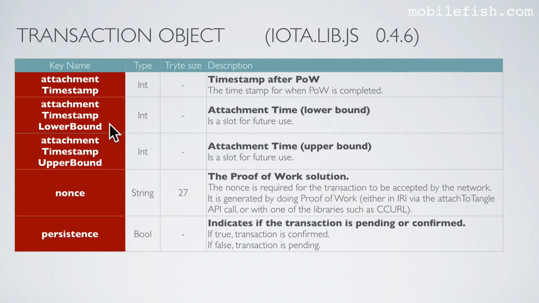The attachment timestamp lower bound field is a slot for future use. The attachment timestamp upper bound field is a slot for future use. The nonce field will hold the proof of work solution. The persistent field indicates if the transaction is pending or confirmed. If true, the transaction is confirmed. If false, the transaction is pending.